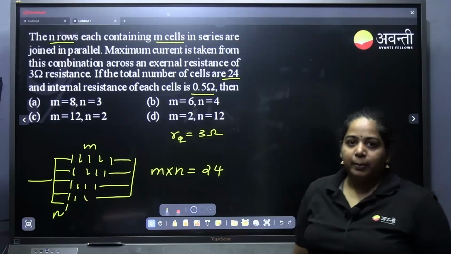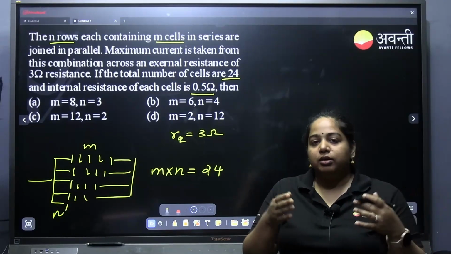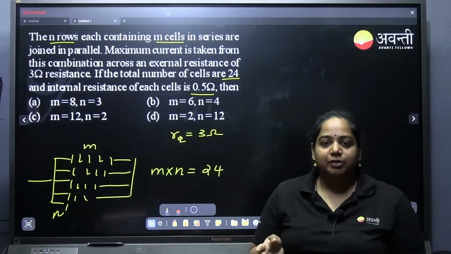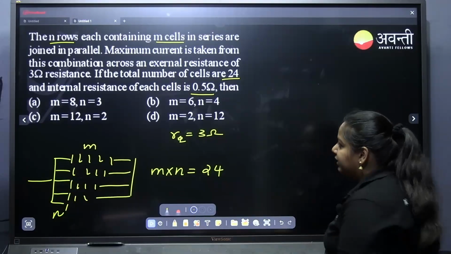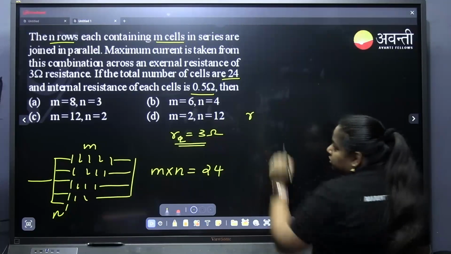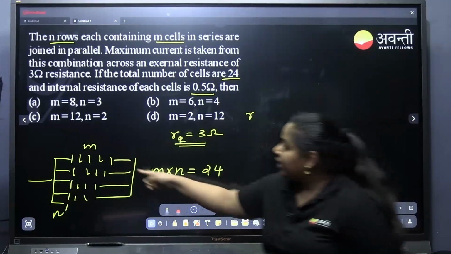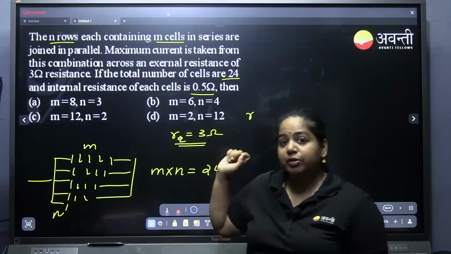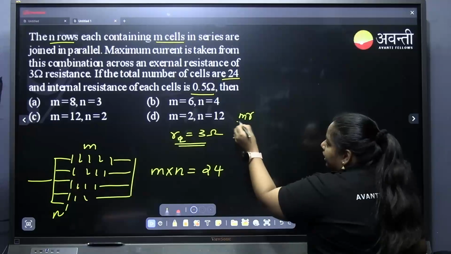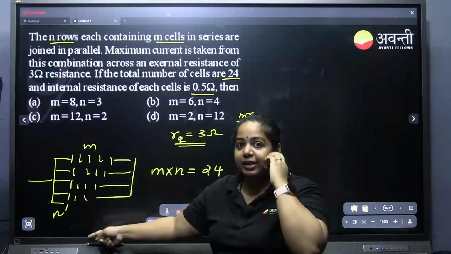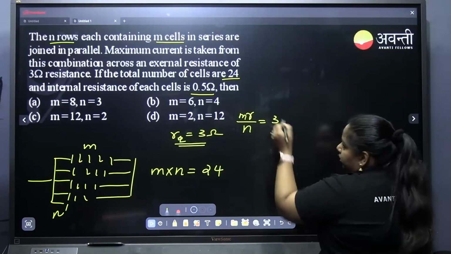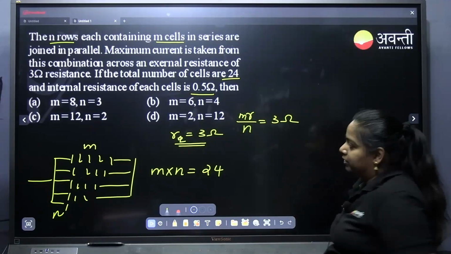Understood? Like if 4 cells are there in 10 rows, it means 4 into 10, 40 cells will be there in total. Next, R equivalent is given, and individual R is also given as 0.5 ohm. If connected in series, the total resistance will be m R, and then connected in parallel across n rows, so m R divided by n is equal to 3 ohm.